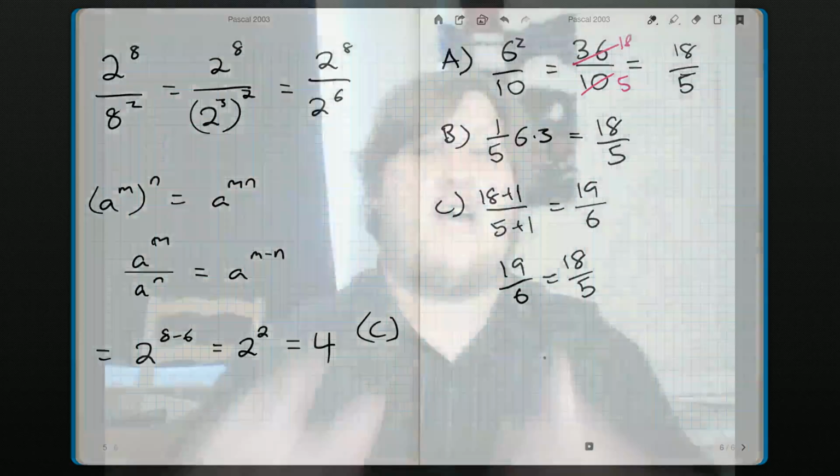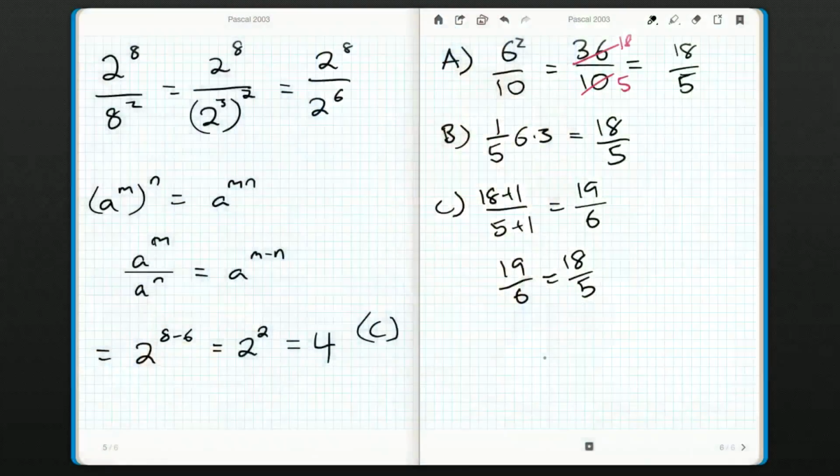And if at any point I don't get a statement that makes sense, I don't get 20 equals 20 or whatever, then I'll know I've done something wrong, provided I do the same thing to both sides. If you do the same thing to both sides, an equal sign stays equal. If you do the same thing to both sides, a not equal sign will stay a not equal sign.